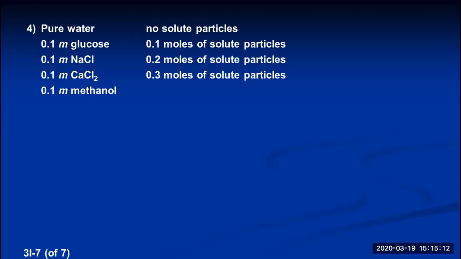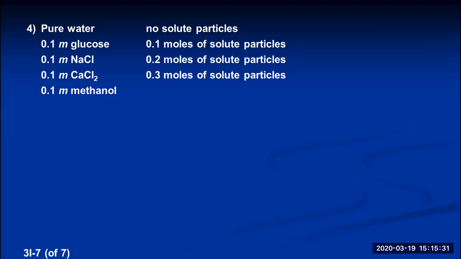The last solution, water with 0.1 moles of methanol dissolved in it. Methanol, it says in the problem, has a vapor pressure of 143. That's a volatile component. So if that's a volatile solute, then both water and methanol will both be evaporating, contributing to the vapor pressure.